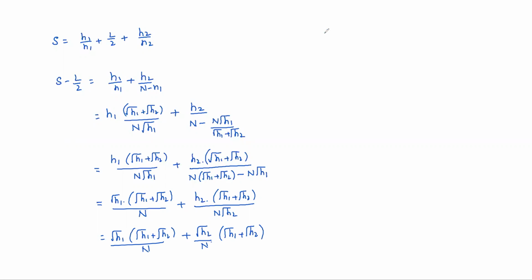So S minus L by 2 equal to, here common is root h1 plus root h2 by n, into root h1 plus root h2, that equal to root h1 plus root h2 whole square by n.